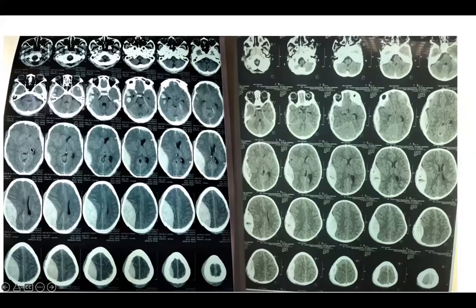I've just put this slide so that you can be familiar with them. Both of these patients had epidurals, and I put it to re-emphasize. You can see this patient with the epidural. How do I know it's an epidural? One, it is biconvex. Two, it is limited by the suture.